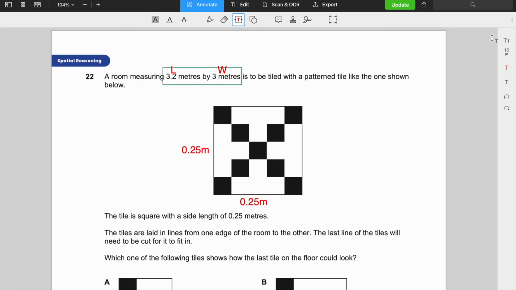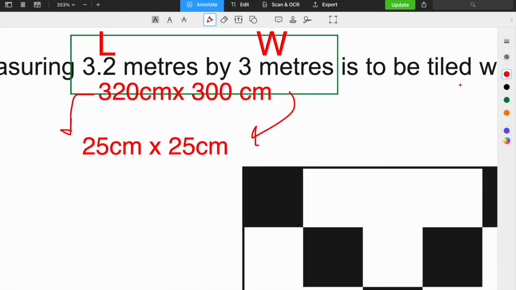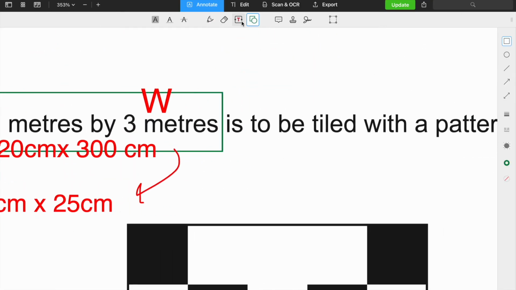That's a bit of quick maths if you're short on time, but I'll just show you guys the proper working out. So this is just 320 centimeters by 300 centimeters, and that's 25 centimeters by 25 centimeters. So you want to divide, okay? So how many times will 25 go into 300? Just do that division on a scrap piece of paper.